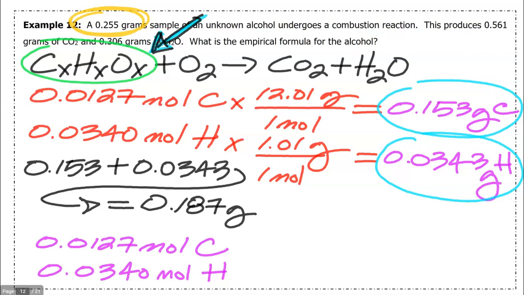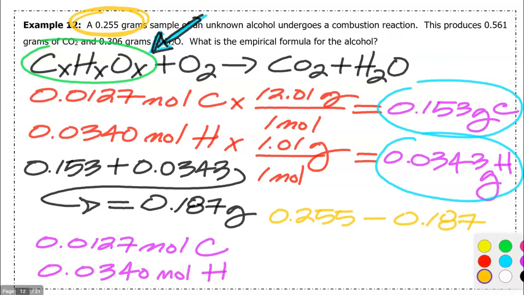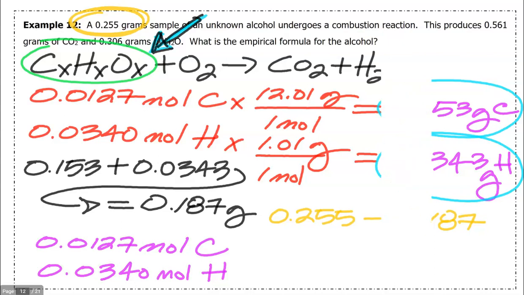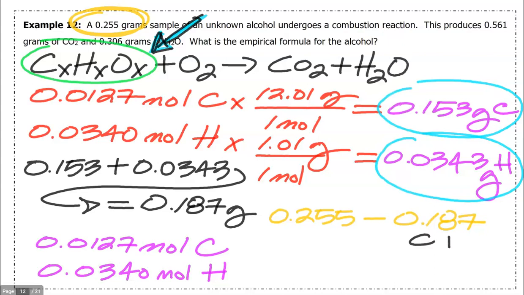And so we're just going to go 0.255, and we're going to subtract the 0.187. Whatever is left over has to be oxygen, because we're taking out the carbon component and we're taking out the hydrogen component.